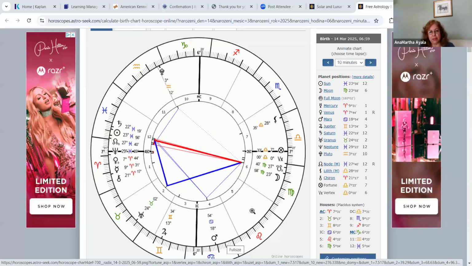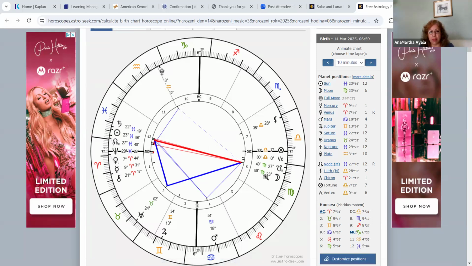And if the eclipses fall in the 6th and 12th house, then these are houses that deal with health. 6th house is health, work, daily routines. 12th house is spiritual practice, dreams, the subconscious, your mind.